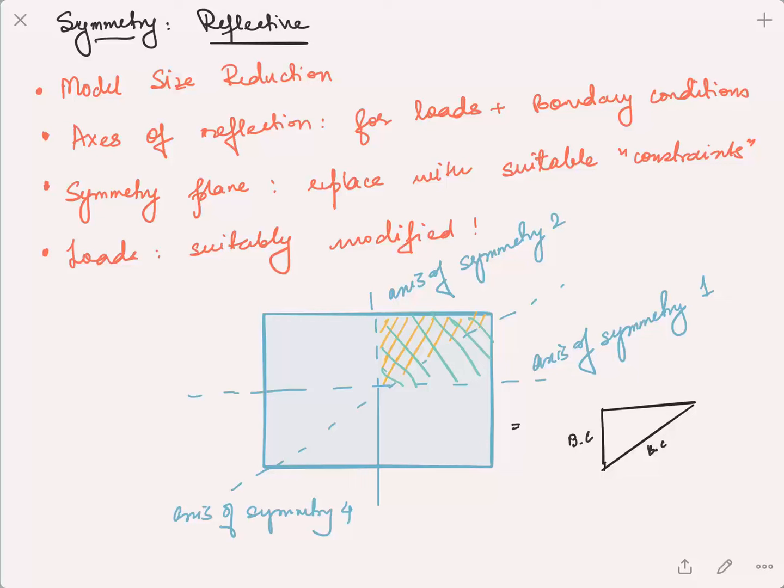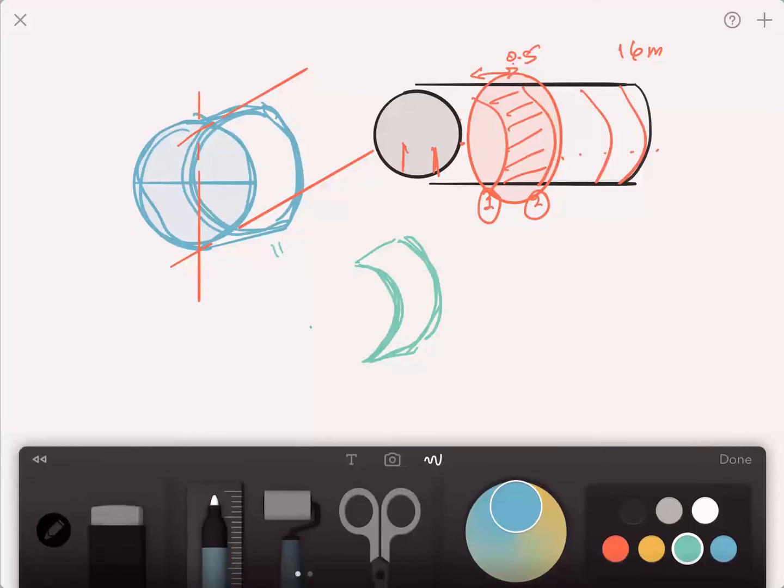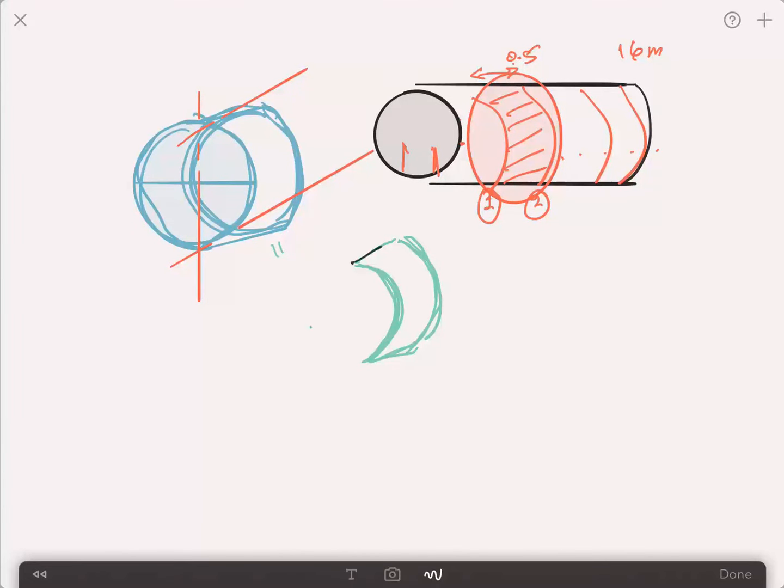When we find the symmetry plane and we start reducing the size of our model, for example in this case, when I reduce the size of the model here, I had to make sure that at the symmetry planes where I cut off the model, certain constraints were applied such that the model behaves the way it would if it was a full fuselage section.